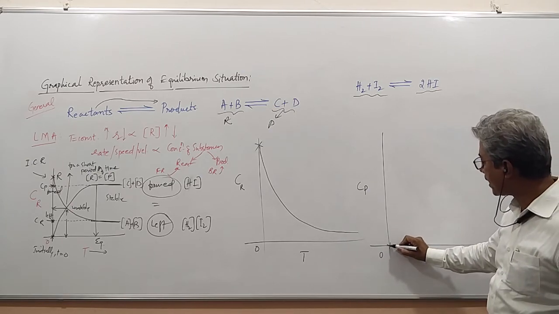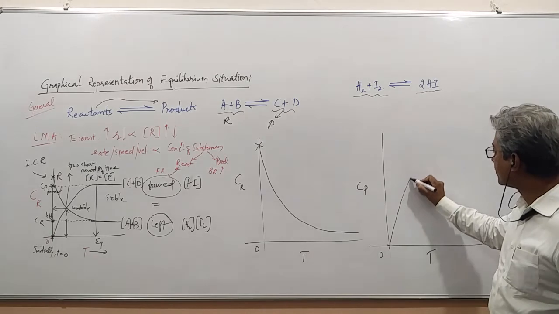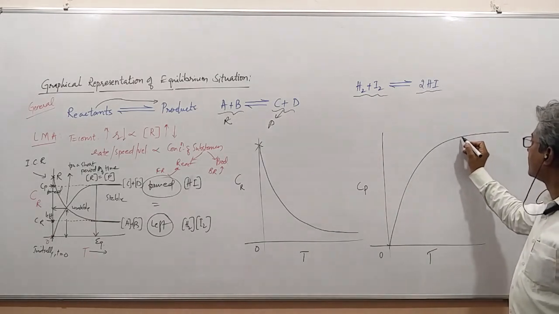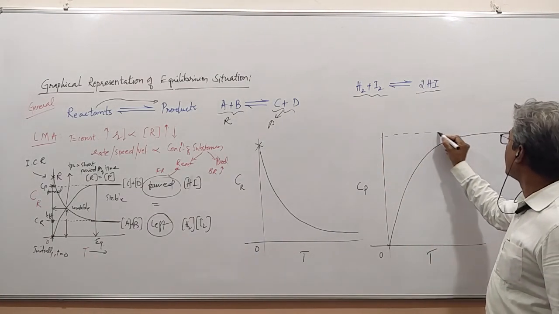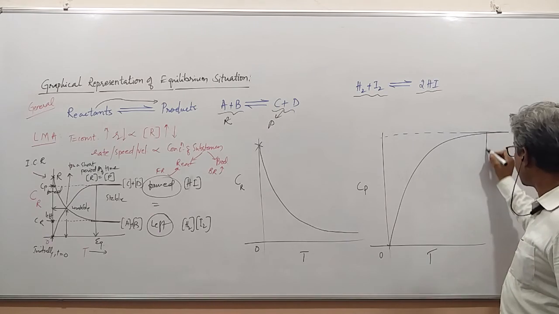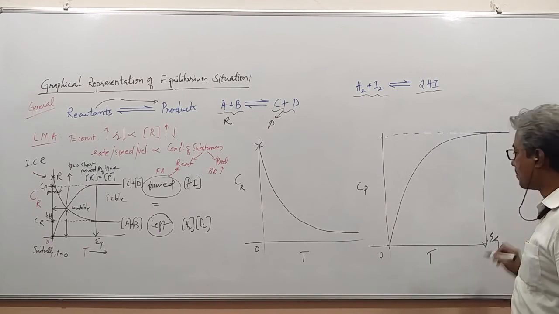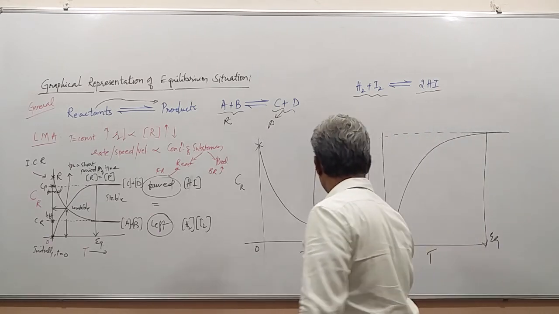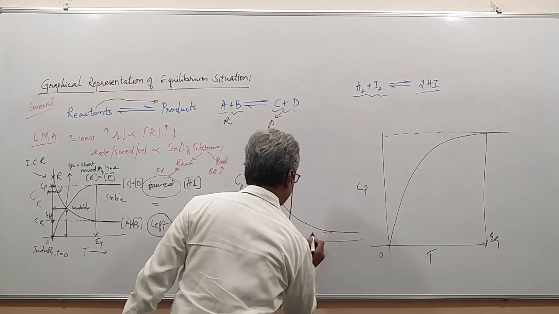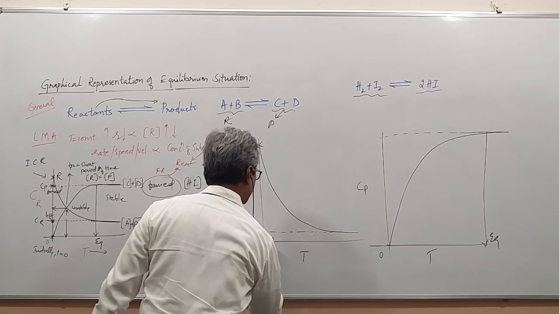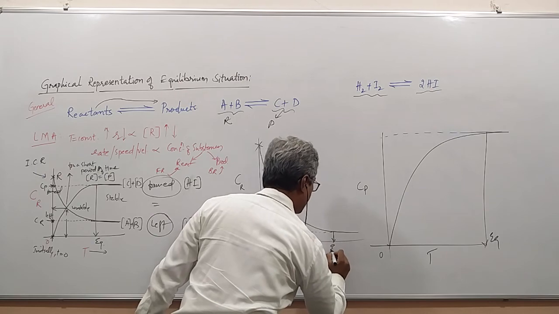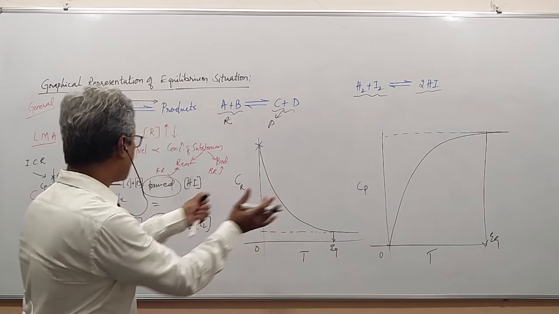Then slowly as time progresses, this will be increasing. The situation where the concentration of the product is not changing is called the equilibrium situation. And this is the case where the concentration of reactant remains the same. That means this situation is called equilibrium. So both are combined in this.